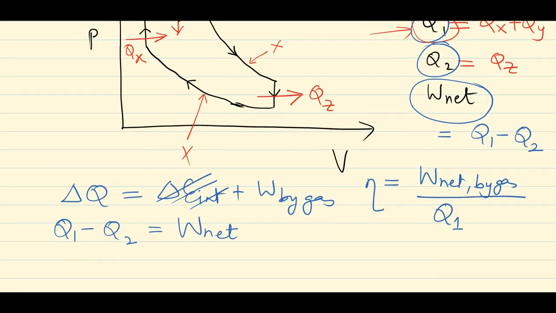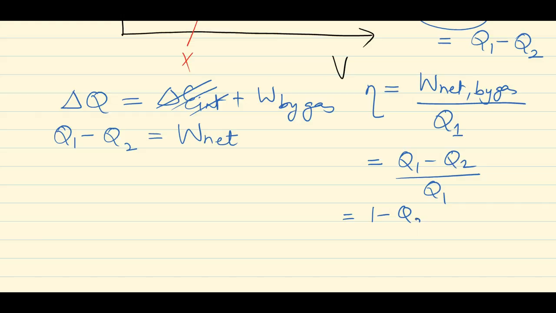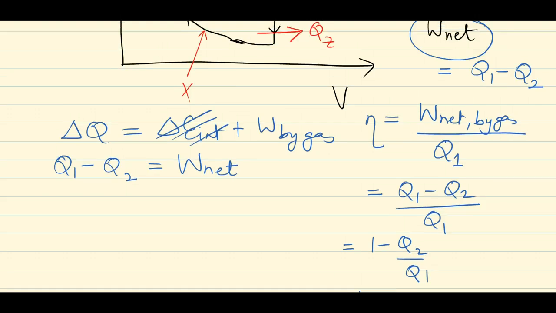So this efficiency can be calculated by substituting for W net by gas as Q1 minus Q2, and then I divide it by my heat input which is Q1. So it turns out that it is 1 minus Q2 divided by Q1. If I multiply this by 100, then I get the percentage efficiency.